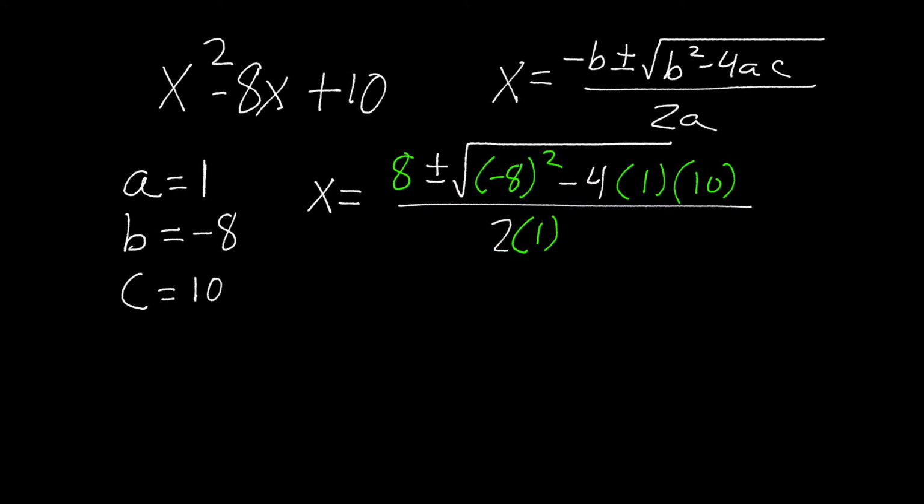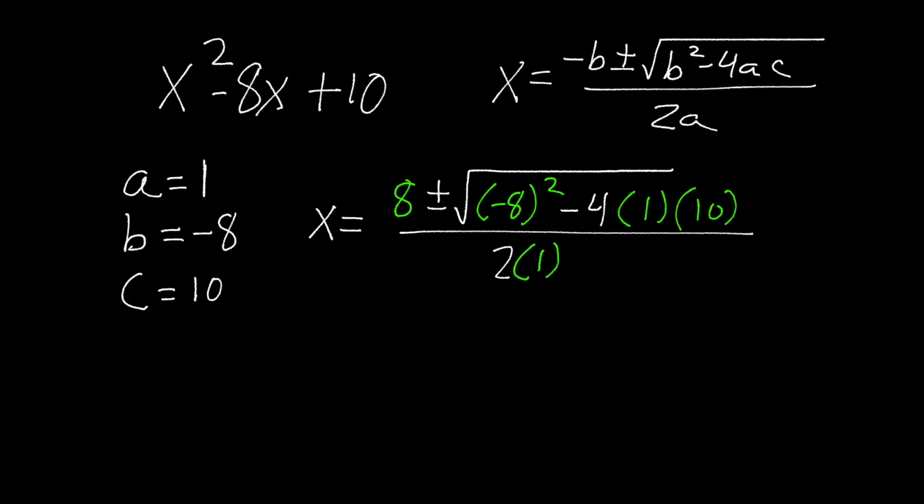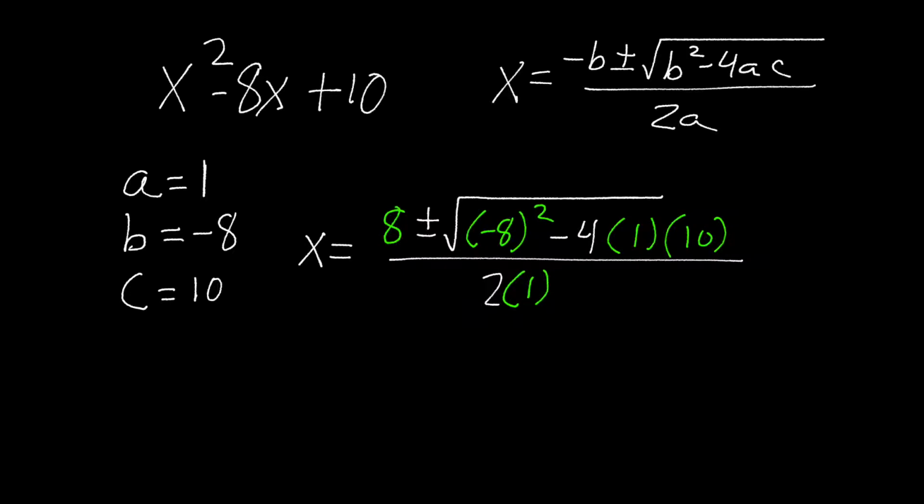So I'm going to move this down just a little bit so that I have the opportunity to write above it like I like to. Because first we want to take care of what's underneath the radical. We want to work out that discriminant. So negative 8 squared, if you type it into your calculator, make sure it's exactly as you see it here. Parentheses around it, square outside the parentheses, otherwise you'll get the wrong number.